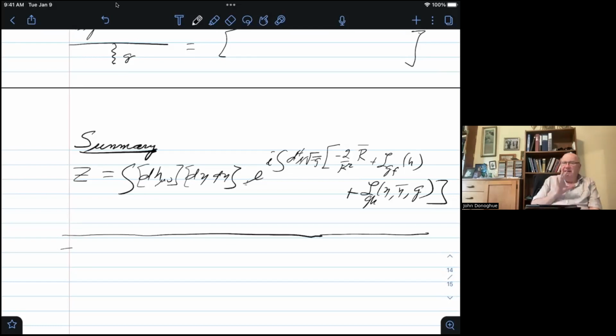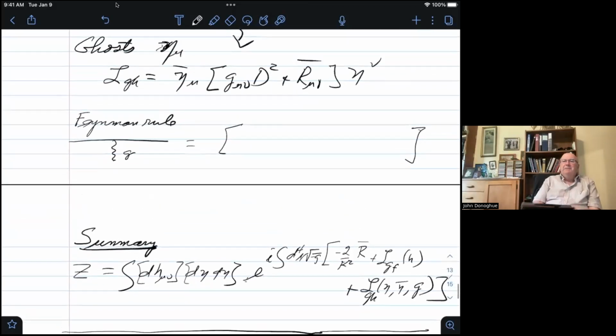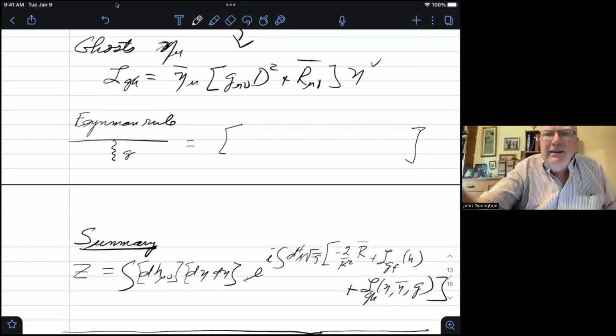But I've now fully defined my gravitational theory. All right, so I need to stop just because I've run out of time, and I see there will be questions. So let's take questions at this stage and then wrap up for today.